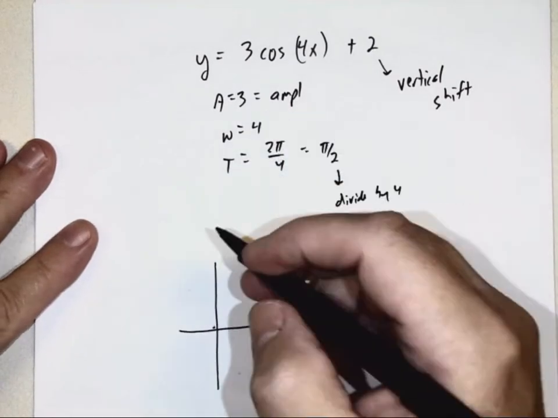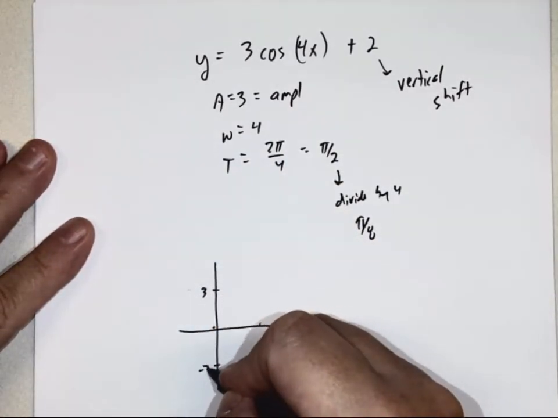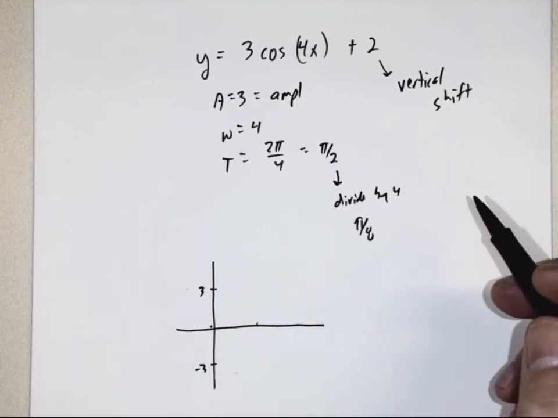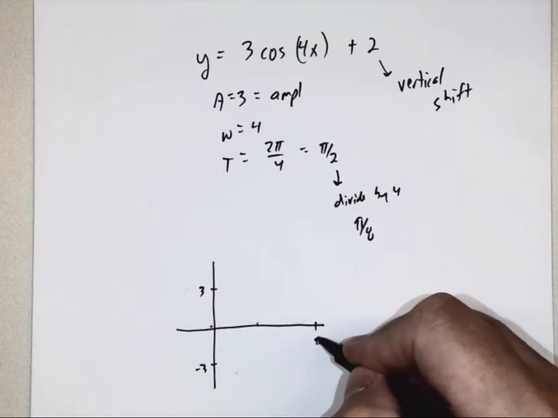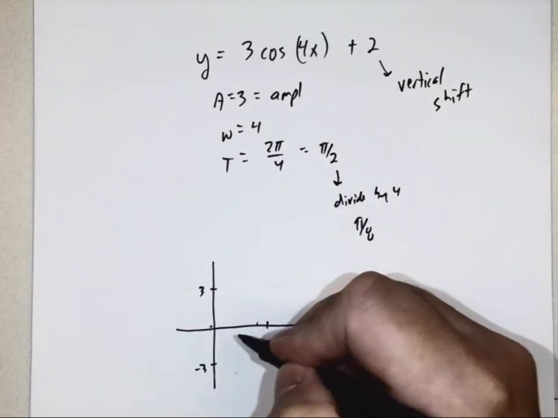So my amplitude's 3, so I'll just mark 3 up here, -3. My period is going to be pi over 2. So here's pi over 2, and of course when I draw my period, I break it up into 4 equal places.